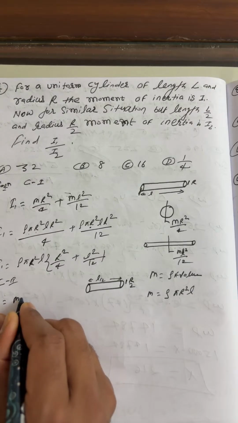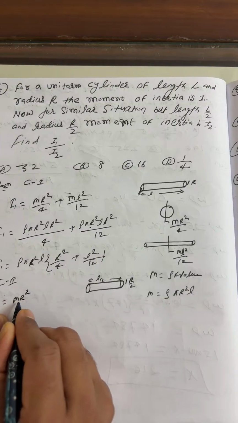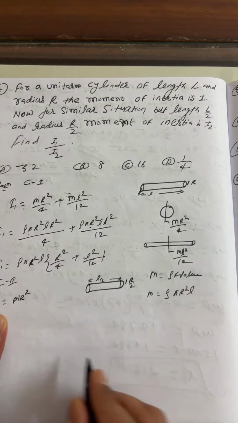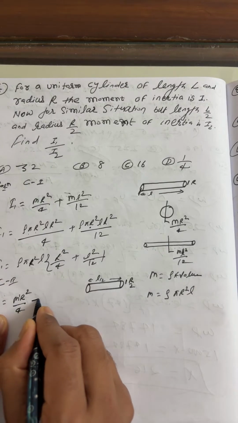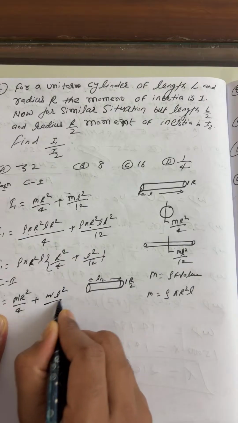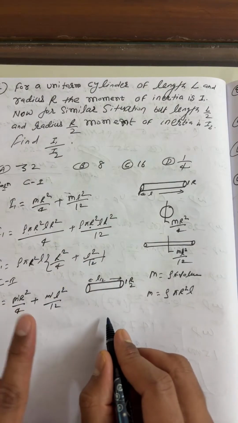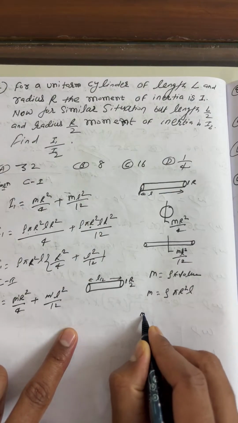I2 is again MR square by 4 plus M prime L square by 12, where I'm calling the new mass M prime. First we find M prime.